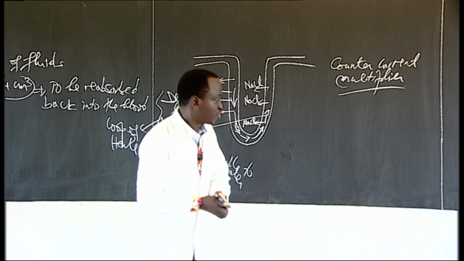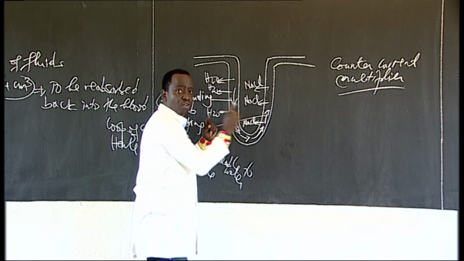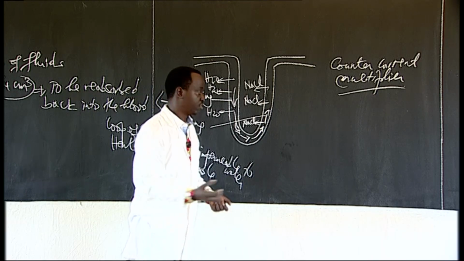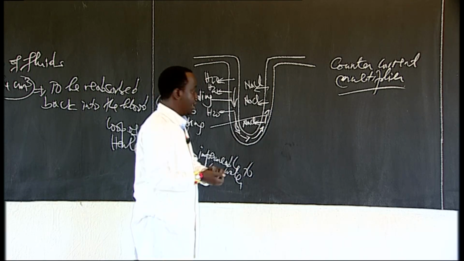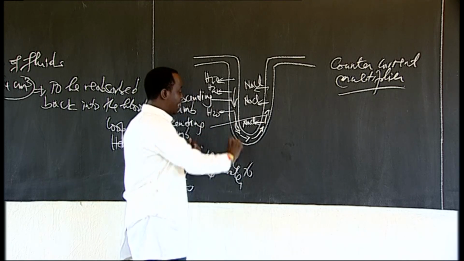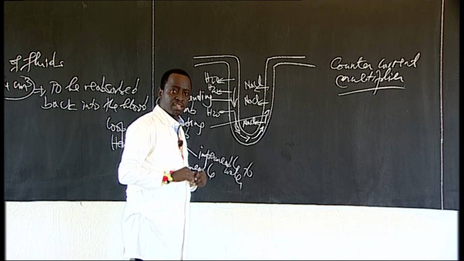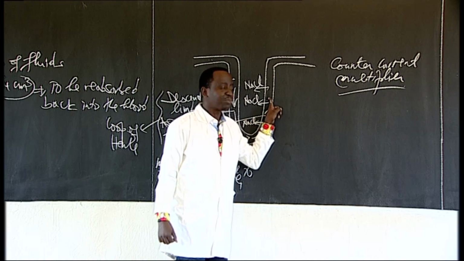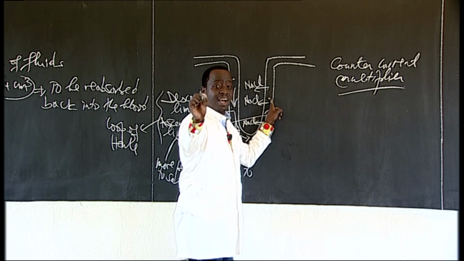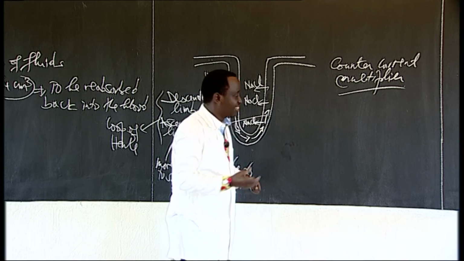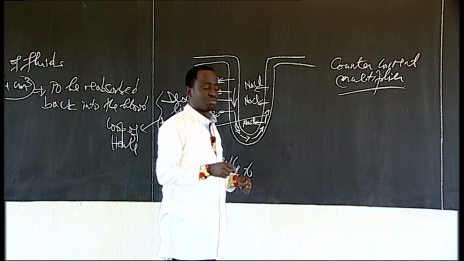Are you getting this? So now, at this site of the loop of Henle is where the regulation of water and salt is going to take place. You see, here water is going to be removed. When it is removed, our urine is more concentrated because it contains more solute. When the urine reaches here, those salts, those ions are going to be pumped out of what?